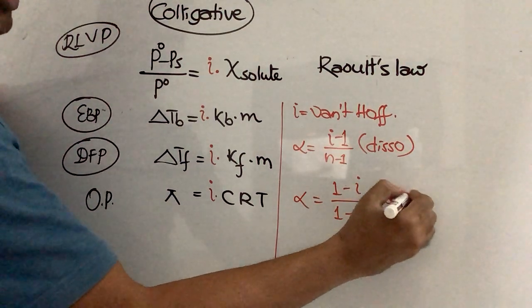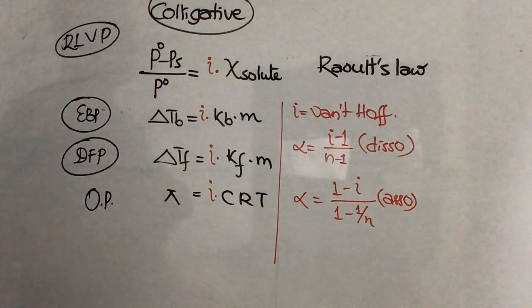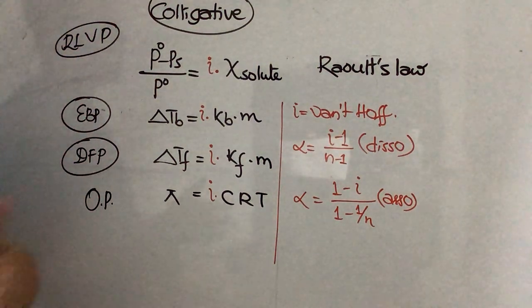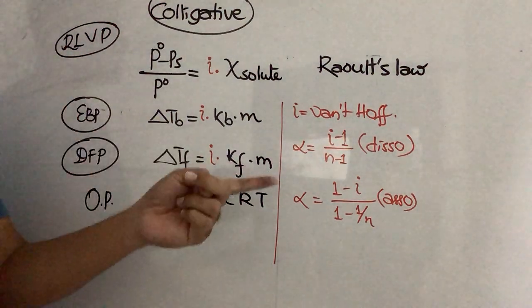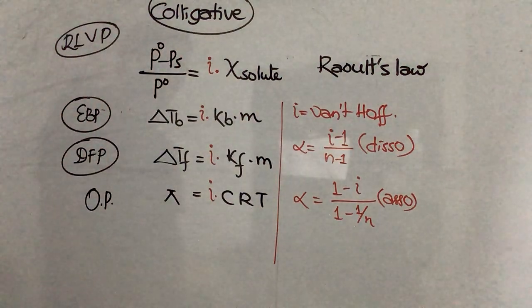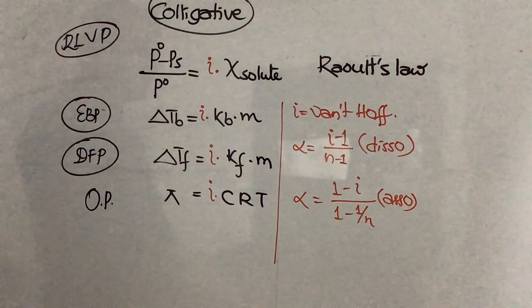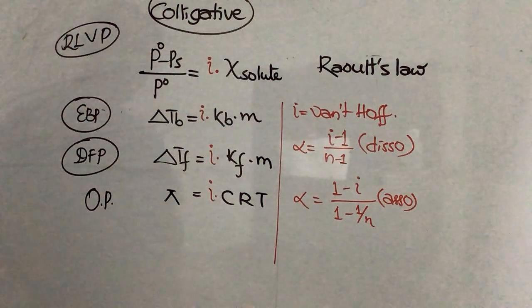This is for all association cases. If there is no dissociation and no association, the i value is 1. If any association or dissociation is there, the i value may be less than 1 or greater than 1. In all such cases, we need to calculate using alpha is equal to (i - 1)/(n - 1), or alpha is equal to (1 - i)/(1 - 1/n). Then you need to put the i value here and get the result.